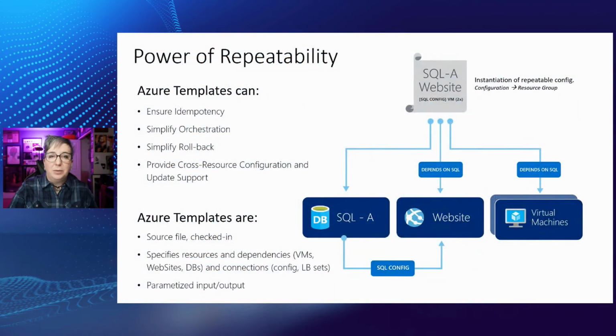So the templates themselves offer up the power of repeatability. So Azure templates can ensure idempotency. Now, what does idempotency mean? Well, think about idempotency like this. You want to potentially build out an environment. Let's say you've got a template build that's got two servers that need to talk to each other. Let's say the first build, the first server spins up correctly. The second server doesn't.